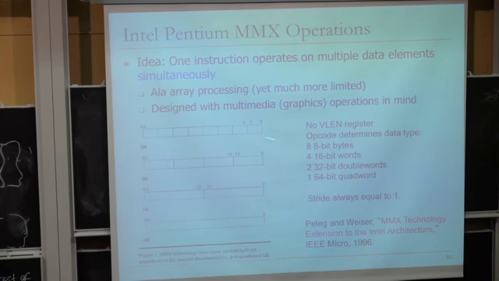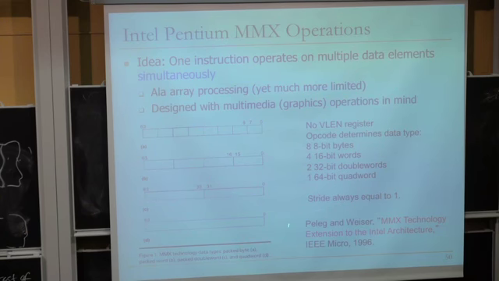So what they did was they specified multiple operations. In this case, this is a 64-bit register, and you could treat this as 8-bit bytes, and you could do 8 adds on those 8-bit bytes. Right? Or you could treat this as 4 16-bit words, or you could treat these as 2 32-bit double words, and you could add 2 of these registers and do 2 32-bit double word adds.